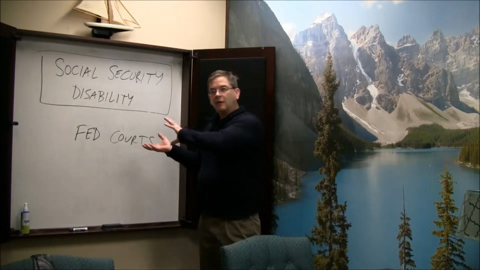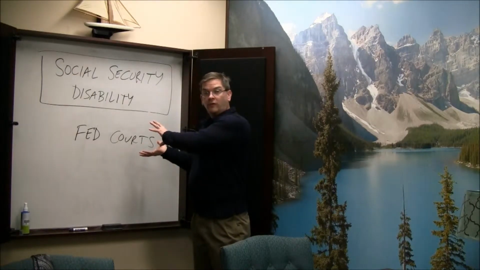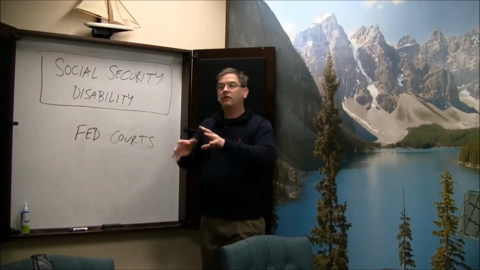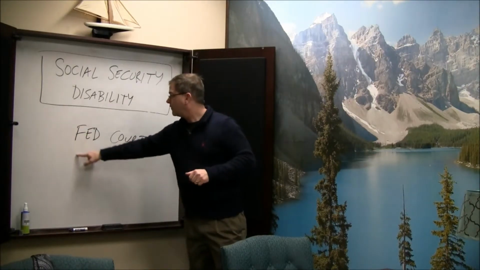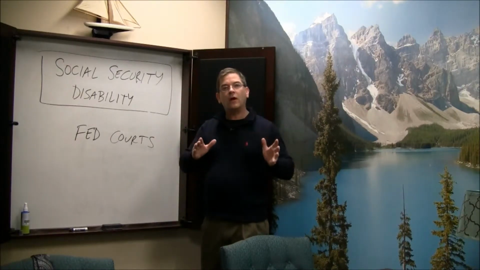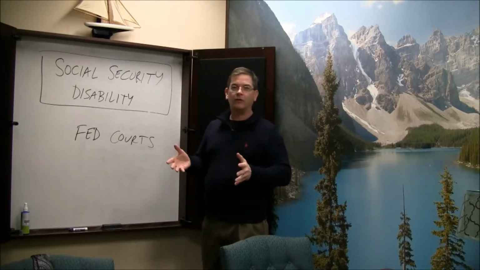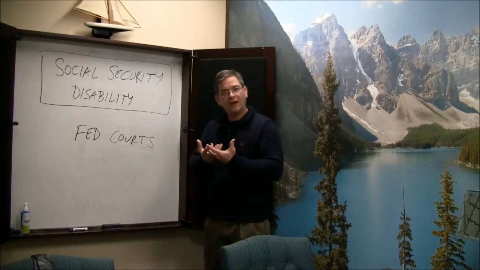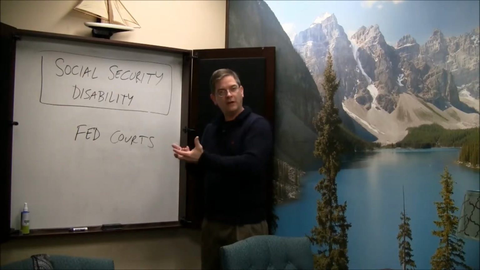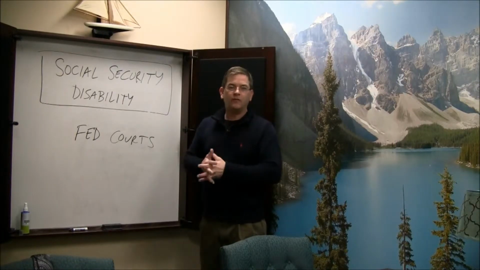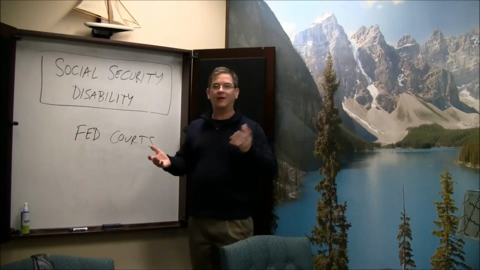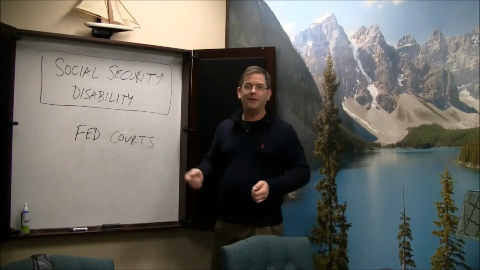What's interesting, discussing federal courts for a moment, is that Social Security has regulations that apply to the whole country, but federal courts are divided into circuits, and each one has its own take on the same regulations. Social Security's goal is to have unified interpretation of the national regulations. That seems like a valid goal. For instance, if you have the U.S. Postal Service, you would want it to be the same if you go in Tennessee or go in Oklahoma.